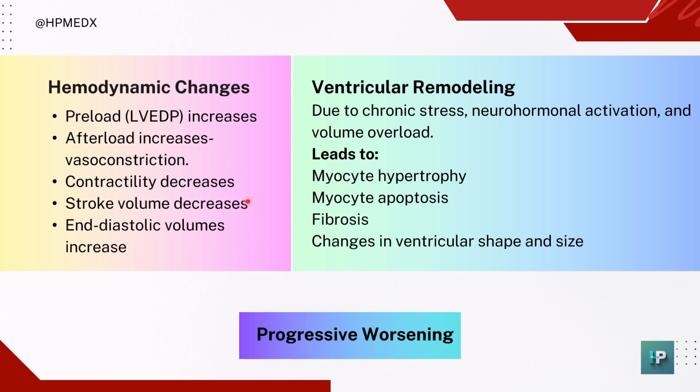These three decrease because of heart failure, and end diastolic volume increases, and these result in remodeling of the ventricular muscle, and it is because of chronic stress, neurohormonal activation, and volume overload. These lead to myocyte hypertrophy, myocyte apoptosis, and fibrosis, and result in change in ventricular shape and size, and at last there will be progressive worsening of the condition.